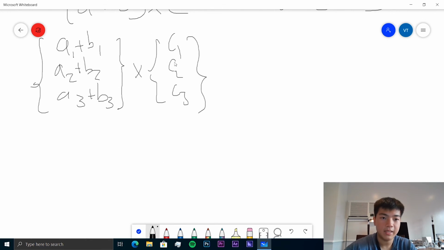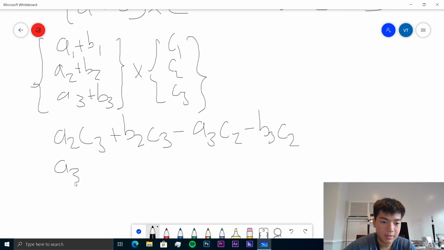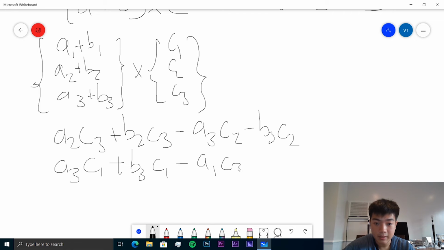So we get that this is equal to A2C3 plus B2C3 minus A3C2 minus B3C2. And then similarly, we have A3C1 plus B3C1 minus A1C3 minus B1C3.